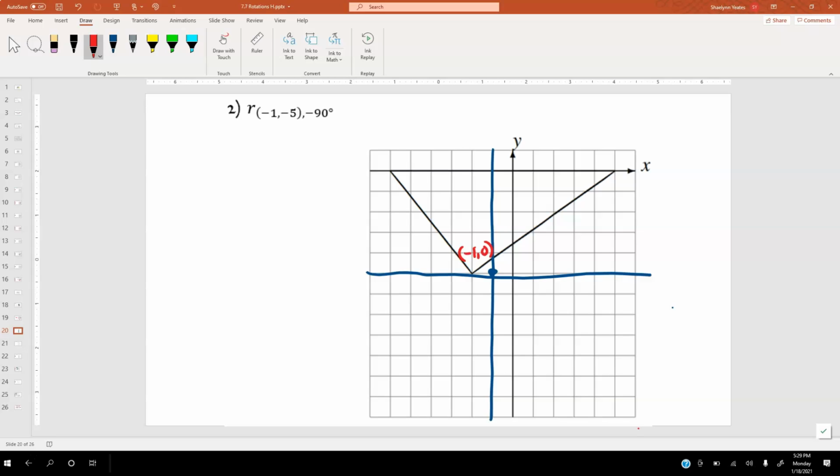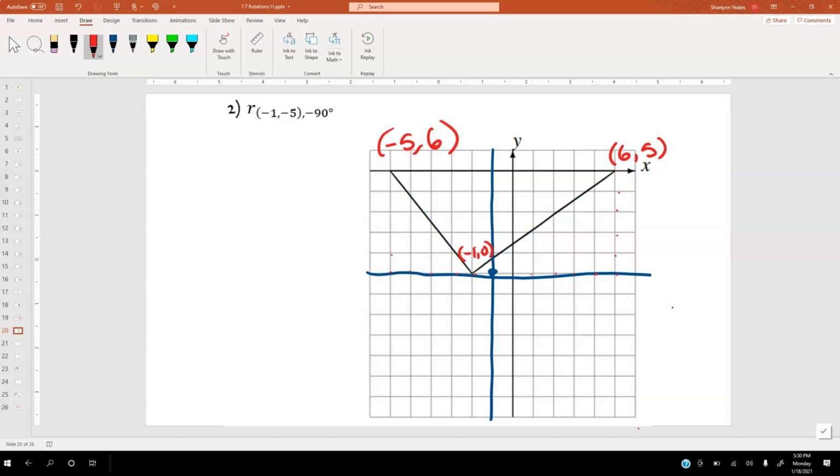This is now at the point (6, 5). This is at the point (-5, 6). Okay, so that's in reference to my new origin, (-1, -5).